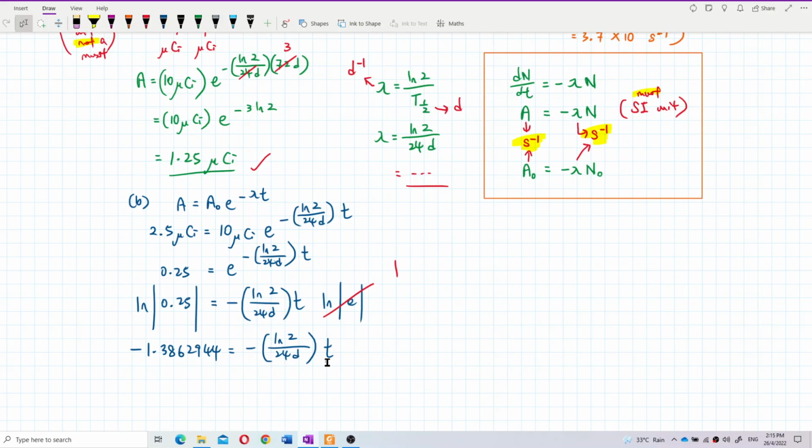Wait, again, negative 1.3862944, and multiply by negative 24 days, divide by ln 2.